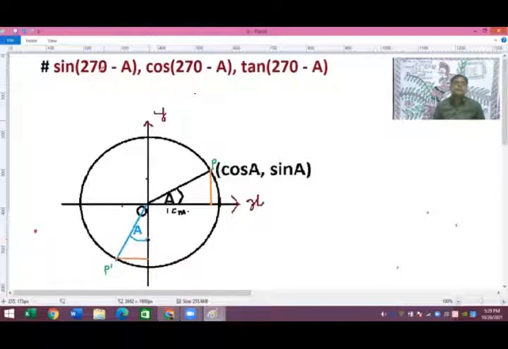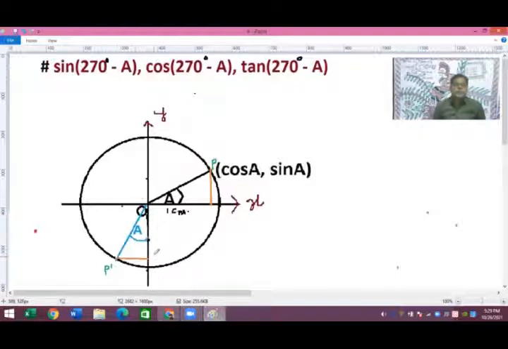But when we are talking of 270 degrees minus A, then definitely we are in the third quadrant, because we start from here and up to here we have 270 degrees, and minus A means it is inside this third quadrant. All right, so let's check what happens.